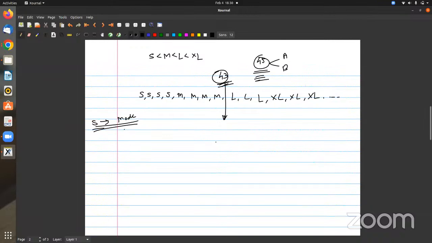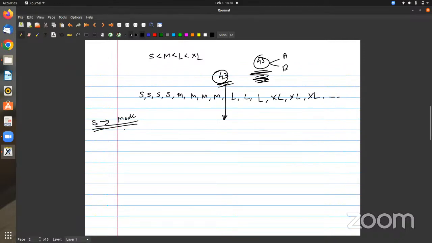For 43, it will definitely be possible. 22 would be the median.